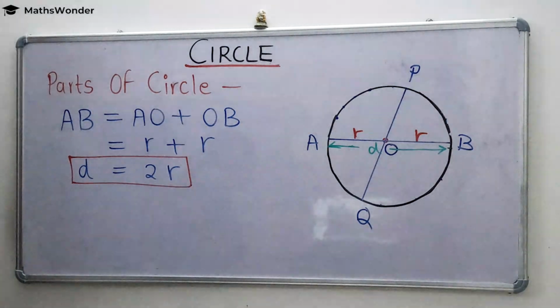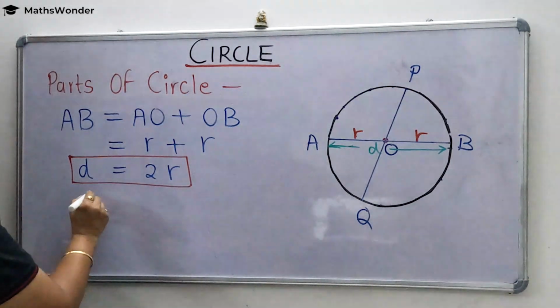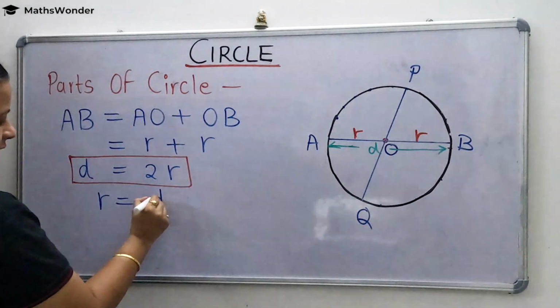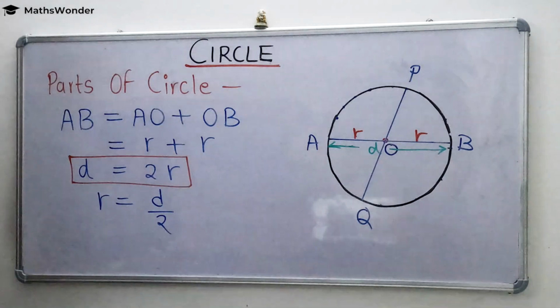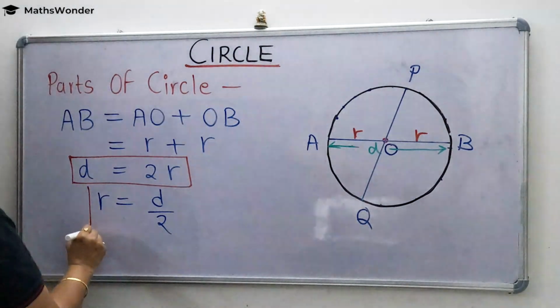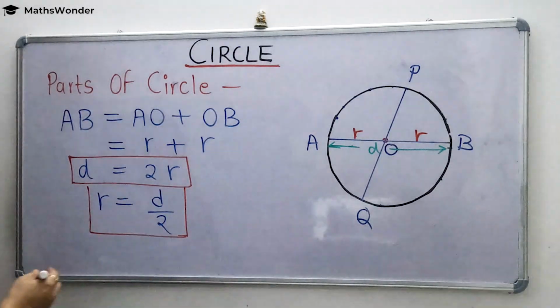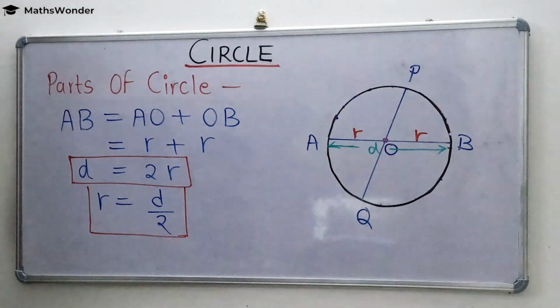Well, how do you find the radius of a circle? When we have to find the radius, you divide the diameter by 2. This is the radius of the circle. Now, without knowing the diameter, how do you find the radius of a circle?